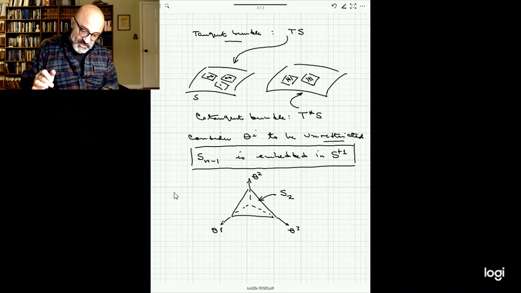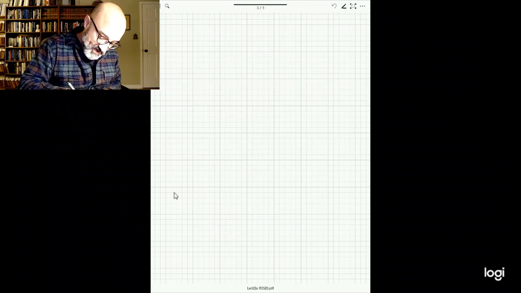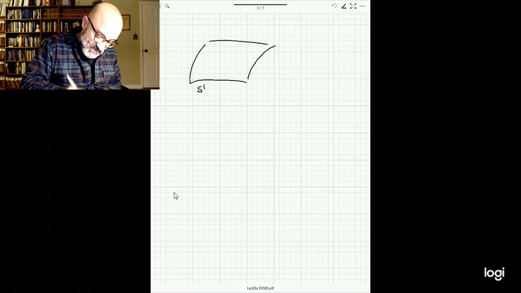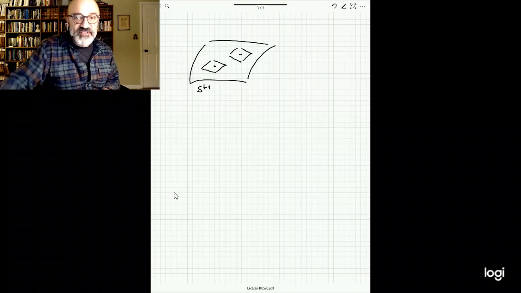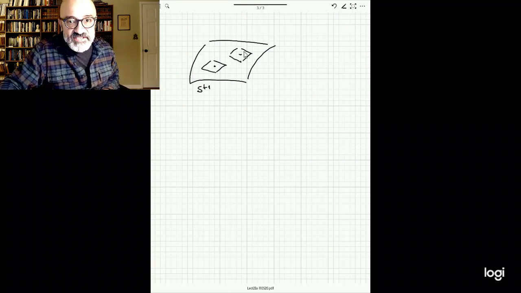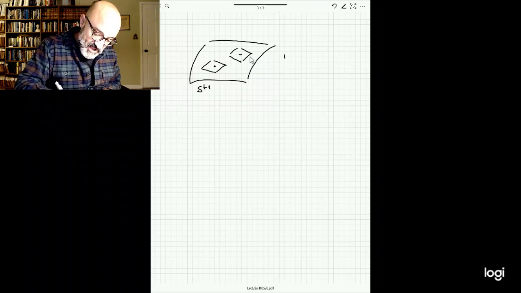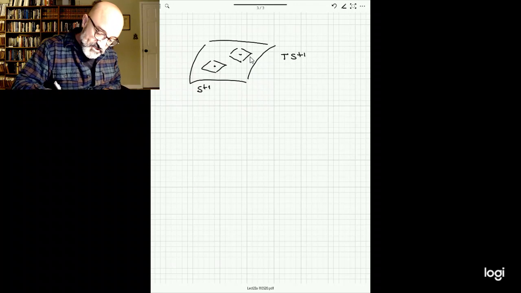So what we really are going to have is a space TS_{n+1}, and when we consider all its tangent spaces, we're going to have the space TS_{n+1}, the tangent bundle.